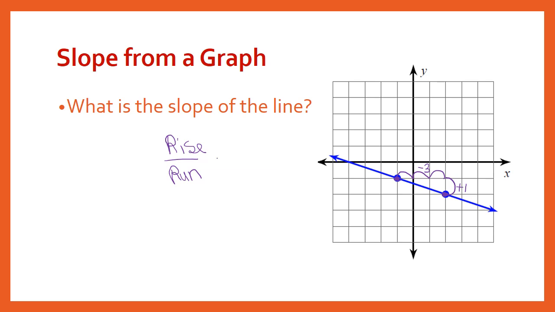So the rise is the number of points that you have to take up or down, and in this situation it was up. That's why it was +1 over the number of units that you need to take left or right to get to your second point, which in this situation was 3 units to the left, which means -3. So the final slope is m equals 1 over -3.